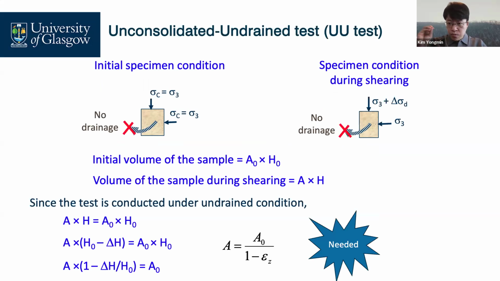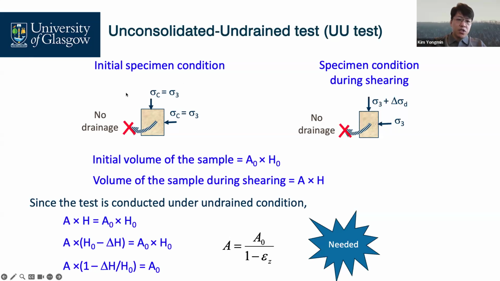So you never open your pore pressure valve. It means that your clay soil sample is fully saturated, and the water inside the clay never drains out. We can't measure volume changes, but we are able to measure pore water pressures.